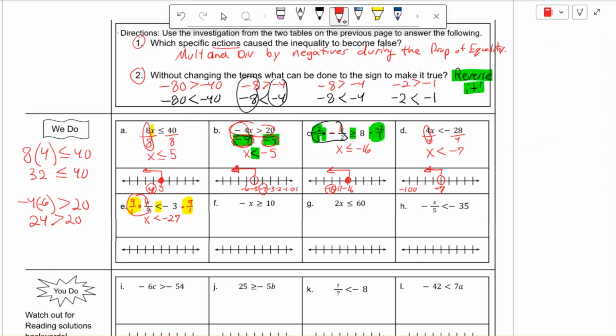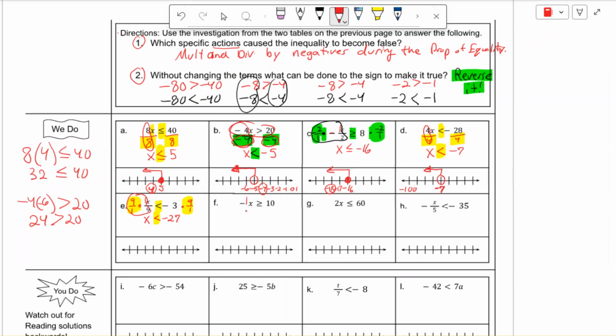I'll do some other highlighting on these other ones here. Okay, this one up here, we divided by a positive, so the sign stayed the same. On this one over here, we divided by a positive, so the sign stayed the same. On this next one, we don't even see a number in there, but right in front of the x, right after the negative sign, is the number 1.